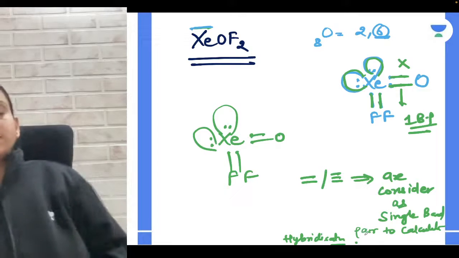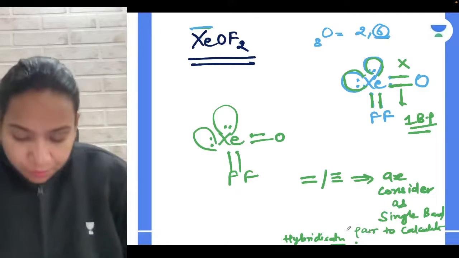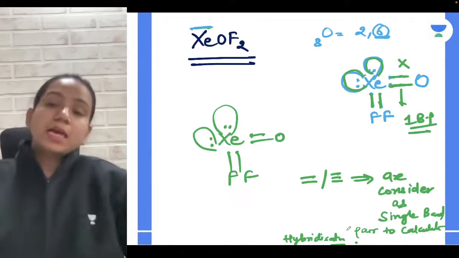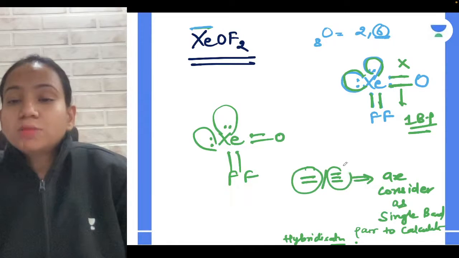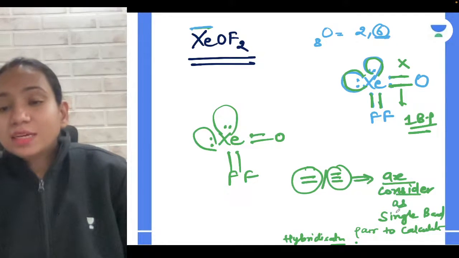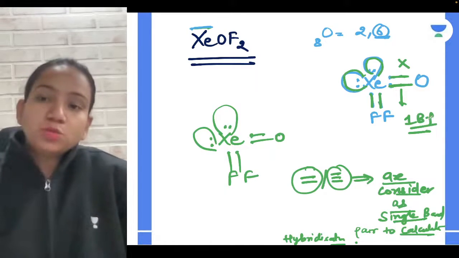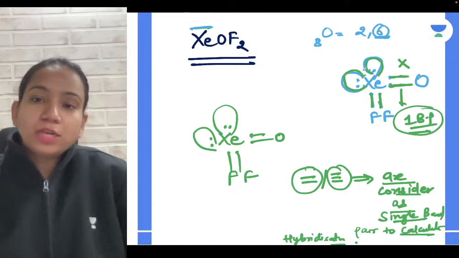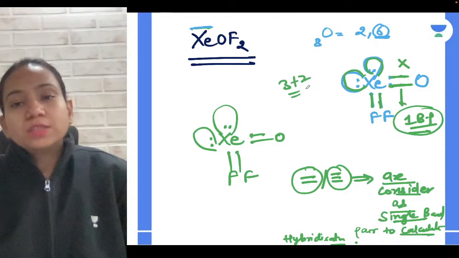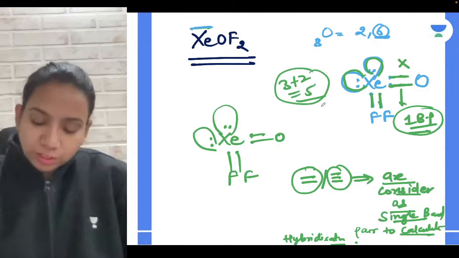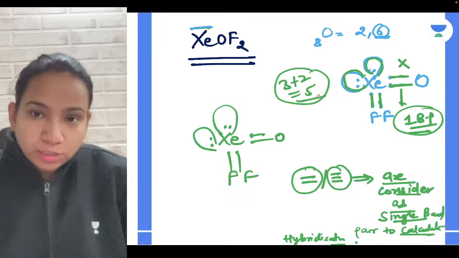I hope everyone is clear. So always remember guys that when you have a double bond or triple bond present, they are considered as a single bond pair to calculate hybridization. So this double bond you will consider as one bond pair, so 1, 2, 3 bond pairs and 2 lone pairs. So 3 plus 2, steric number is 5, and if the steric number is 5, the hybridization is sp3d.